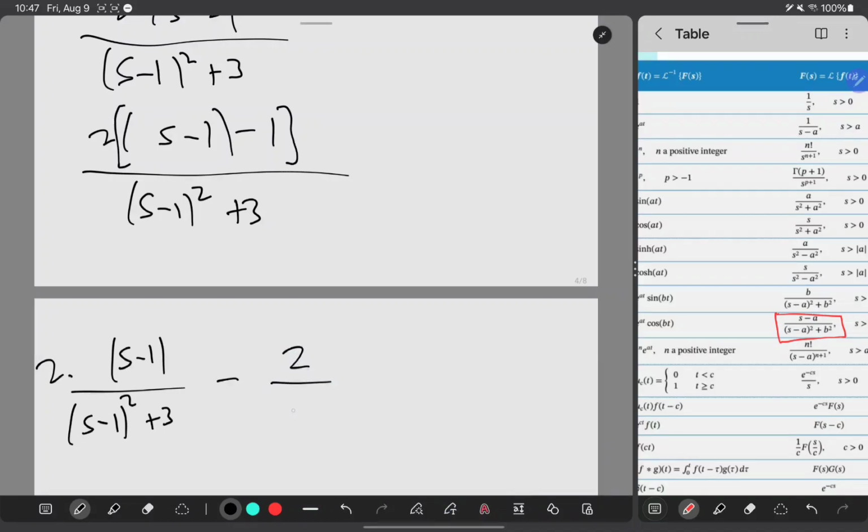Minus 2 over... this is like this one here. So we need b on the top, we need 3 on the top. If we multiply, yes, multiply top and bottom by the square root of 3.